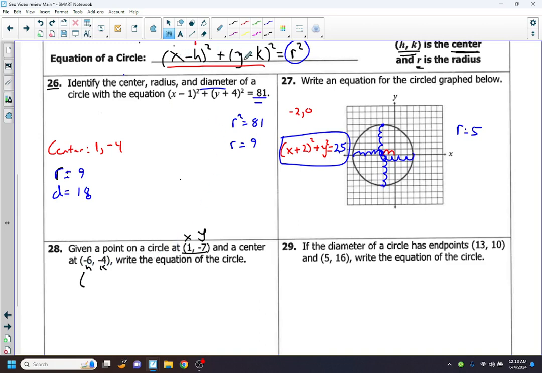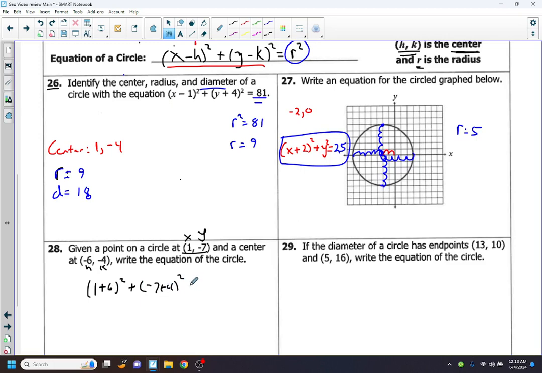So I'm going to plug in x, y, h, and k to find r squared. So x, which in this case is 1, minus h, which in this case is -6, so plus 6 squared, plus y, which is in this case -7, minus k, which is -4, so that's plus 4, squared.